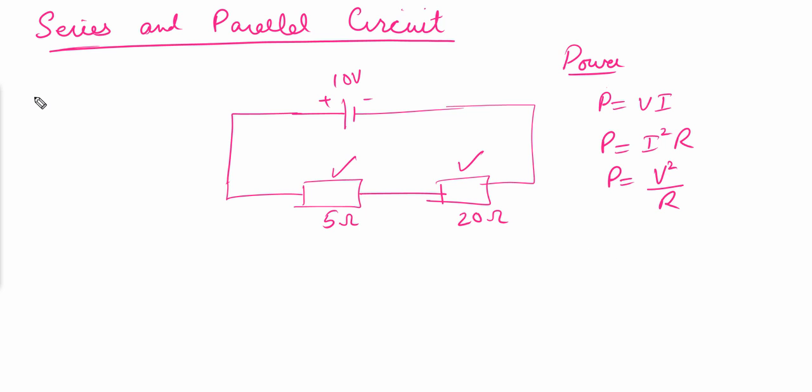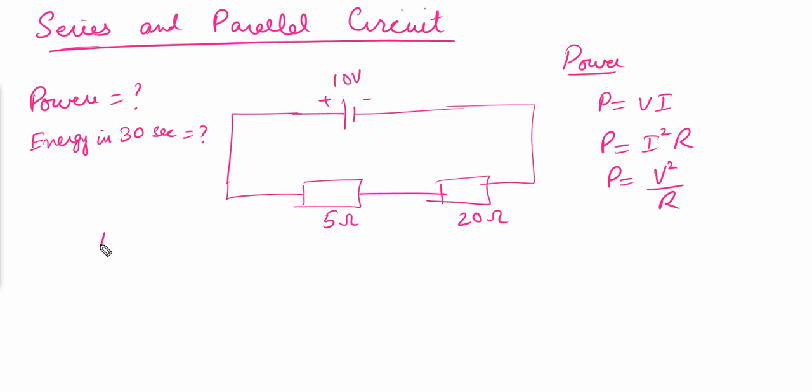So we have to find out the power, and then we have to find out the energy spent in 30 seconds. So let's find out the power. Before finding out the power, I have to find out the total amount of current that is being passed through this circuit. In order to do that, I will use Ohm's law.